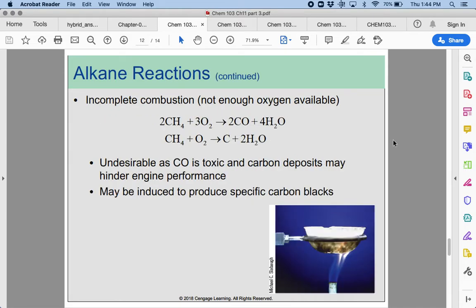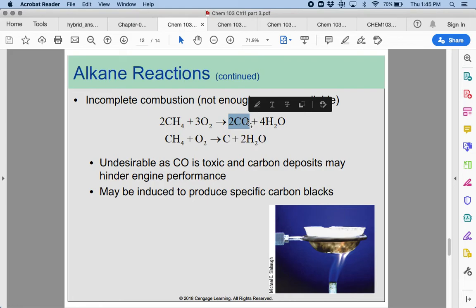Now, sometimes we have incomplete combustion, where we don't have enough oxygen present. So here is our hydrocarbon, in this case methane, plus some oxygen yields CO2 and water. But we'll have some leftover material, and we get some carbon as a soot. Sometimes we can also produce carbon monoxide.